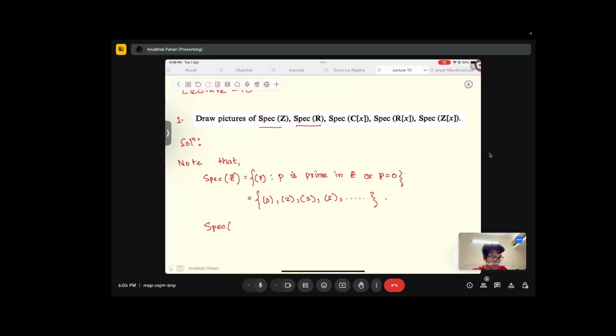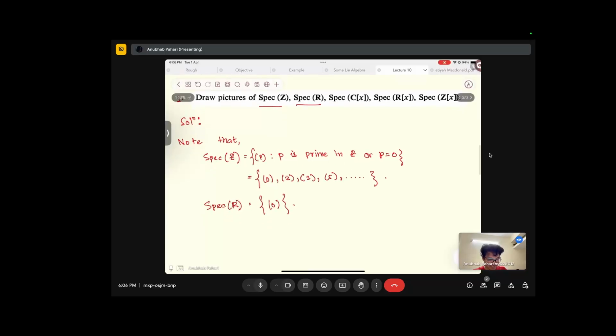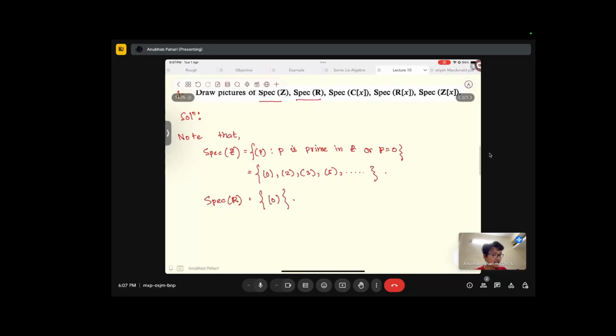So Spec of R, I'm pretty sure it won't be asked in any exam, but from the third I think it will be slightly challenging, because Spec C[x] is also, you know, ideals of the form principal ideals (x minus a), where a is coming from C. Actually, the most challenging thing is Spec of Z[x], but it may take half an hour or 1 hour, but I will do all the things.